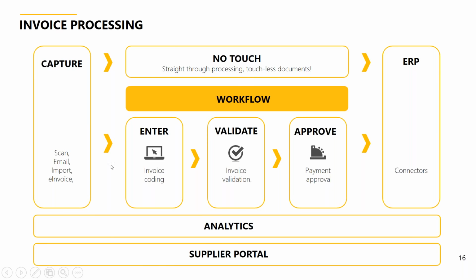And then we have the AP dealing with the non-PO invoices that need to be coded, because that's generally what happens, sent out into the business for validation. And then depending on the type of structure you have will depend on whether they have another level of approval or whether they just go to your ERP for payment.